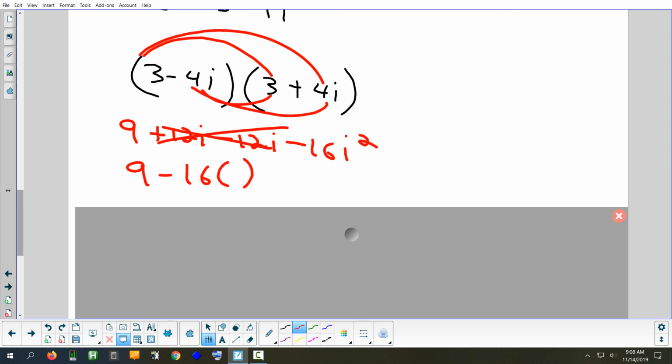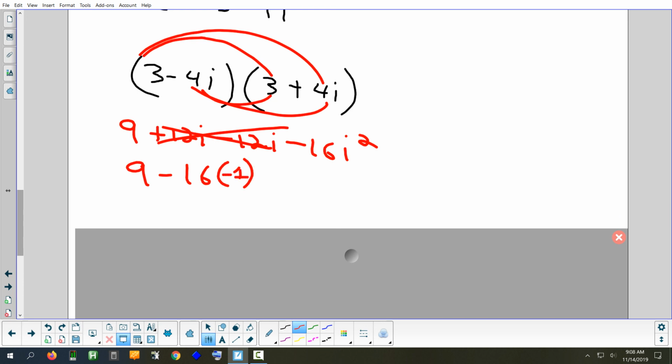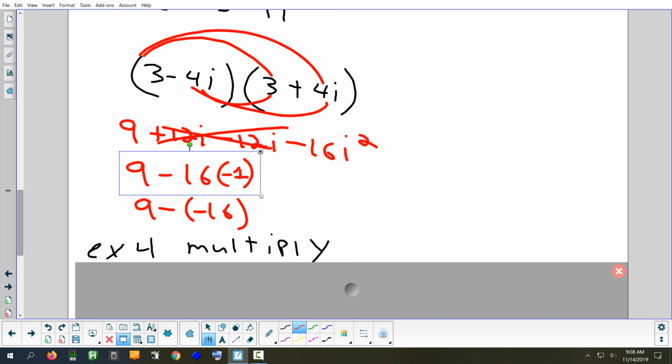Now we don't want to leave i squared. What did we say i squared was? Negative 1. So you're subtracting negative 16. That's really 9 minus negative 16. Write it like that if it helps. 9 plus 16, or 25.